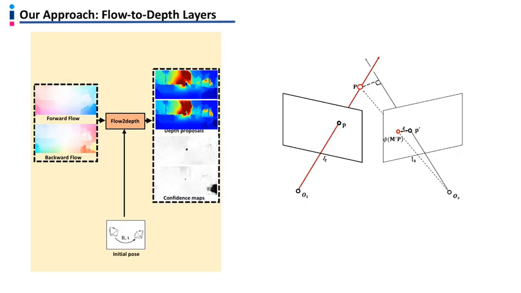This layer produces both depth proposals and confidence maps for the target frame by solving the epipolar geometry problem using a least squares method. In the least squares objective in equation 2, we want to minimize the source frame reprojection error epsilon d.